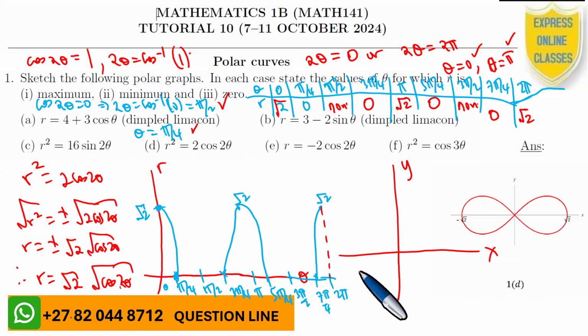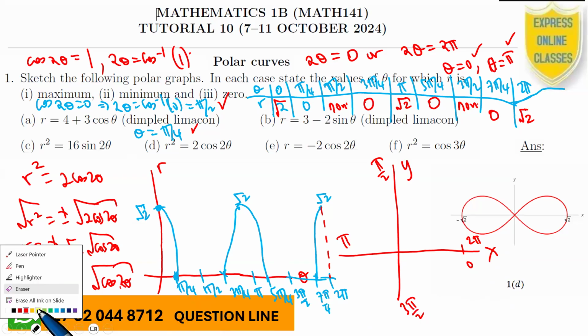Y and X. At 0, pi over 2, pi, 3 pi over 2, 2 pi.